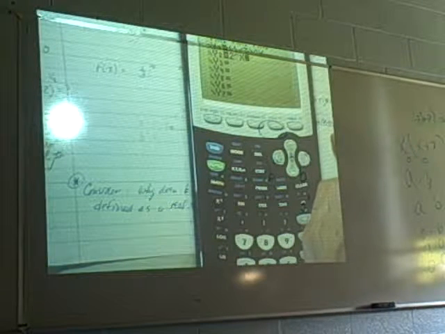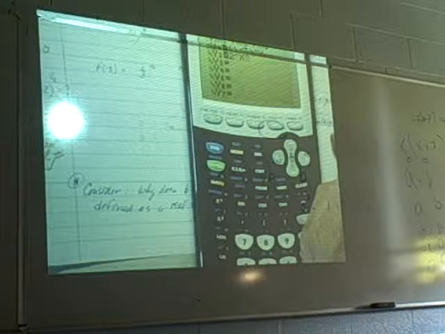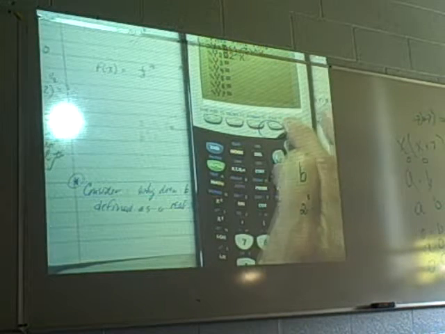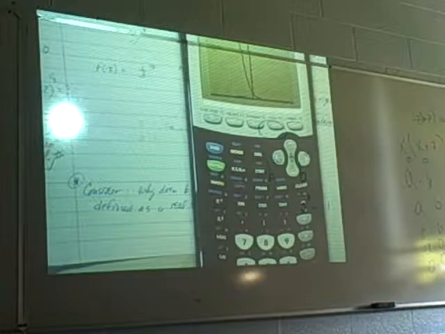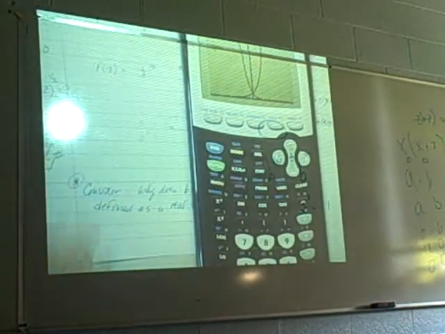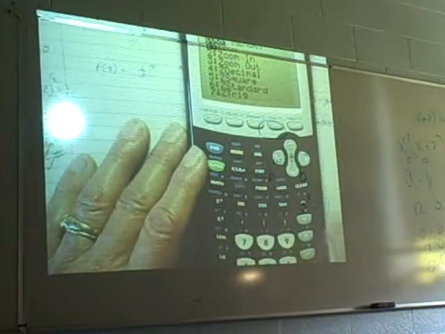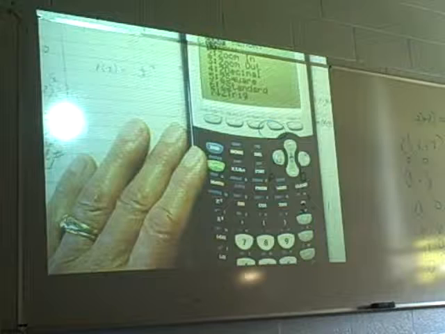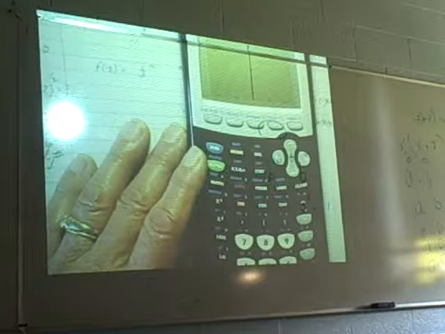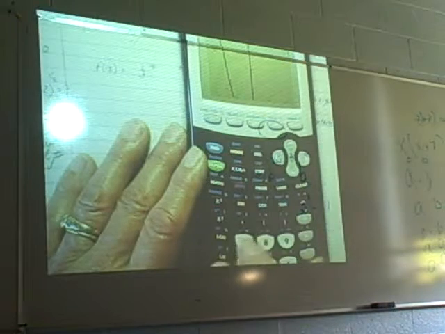No, that's not what it is. X represents 1. Wherever it intersects 1 is B. Right. Where x is 1, y is B. So right in here, let's see if we can zoom in on this. Oh, I lost it.